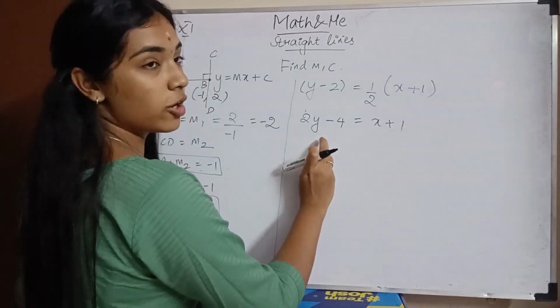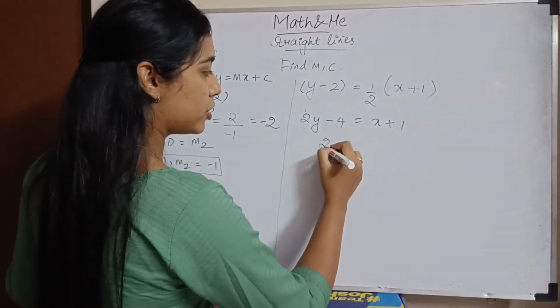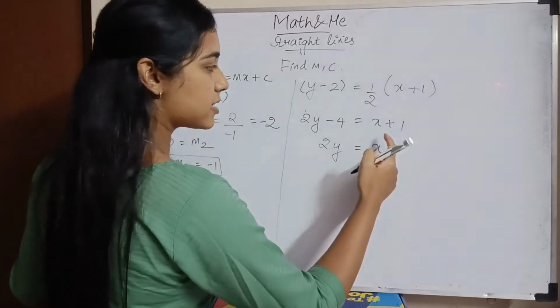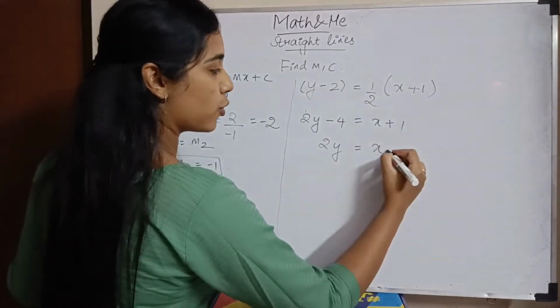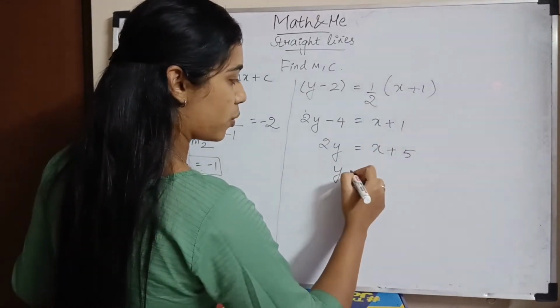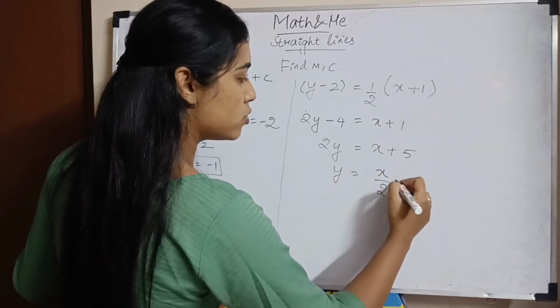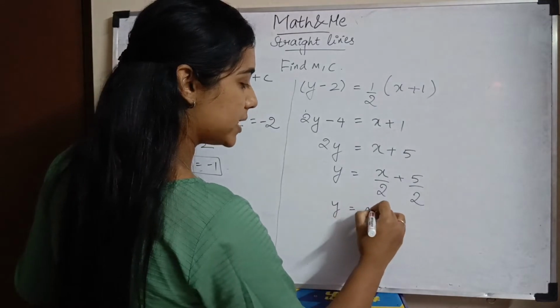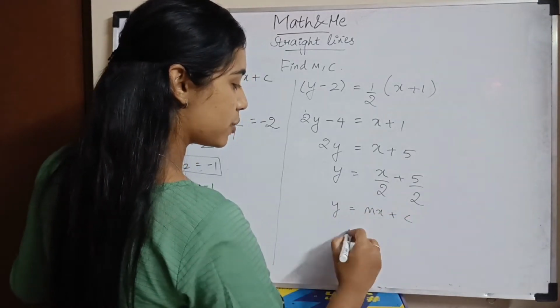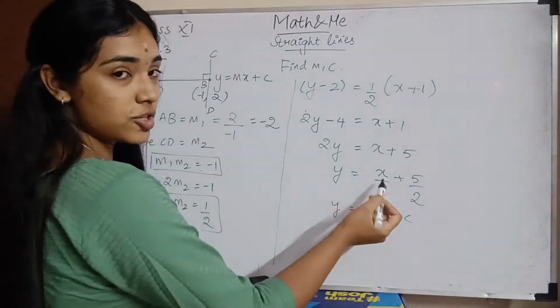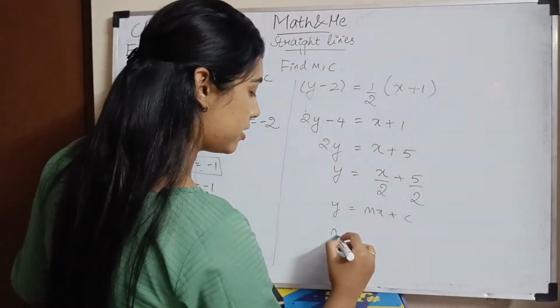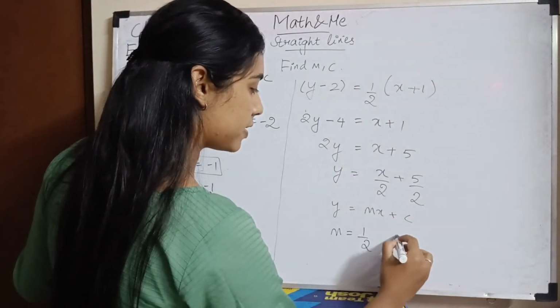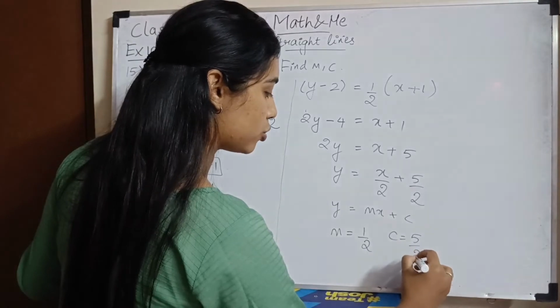So when I have y on one side, then I have 2y equals x plus 1 plus 4, which is 5. So y equals x by 2 plus 5 by 2. So this is of the form y equals mx plus c. So we just found out m is half. You also get that from the equation. So m is half and c is 5 by 2.